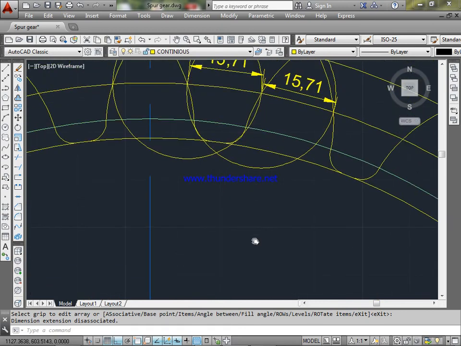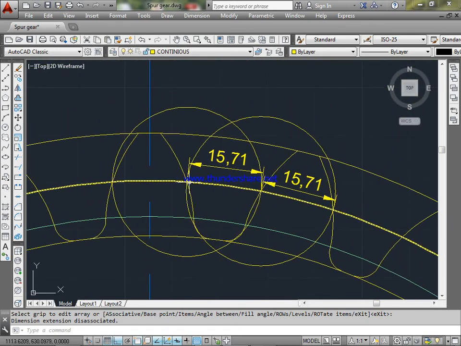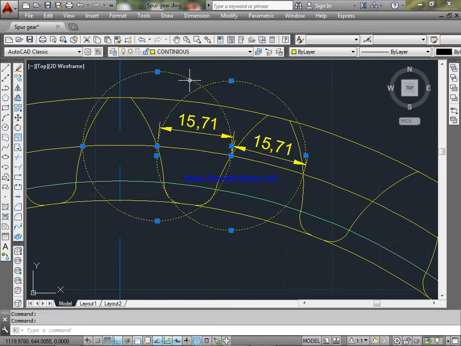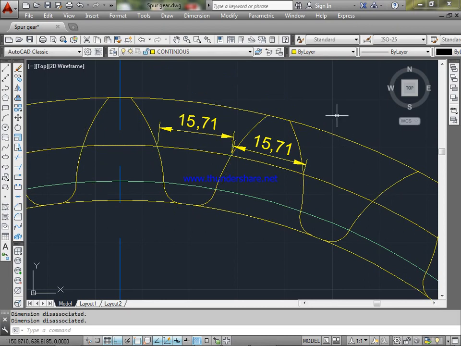Now check the gap in between the two teeth: first tooth, then the gap, then tooth, then gap, then tooth. Okay. The measurement is always 15.71. This is the tooth thickness.